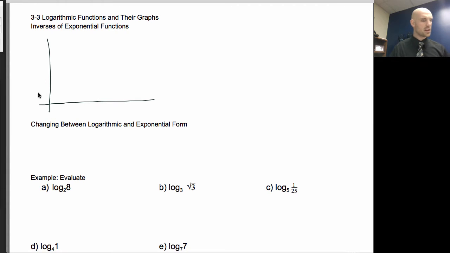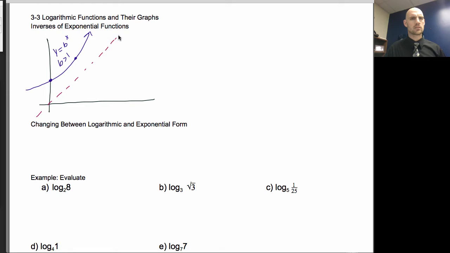First one is this. If I've got an exponential function here, and obviously we remember that it goes through (0, 1). This is y equals b to the x. This is what we've studied before, and this is if b is greater than 1. Our logarithmic function, this is the line y equals x.